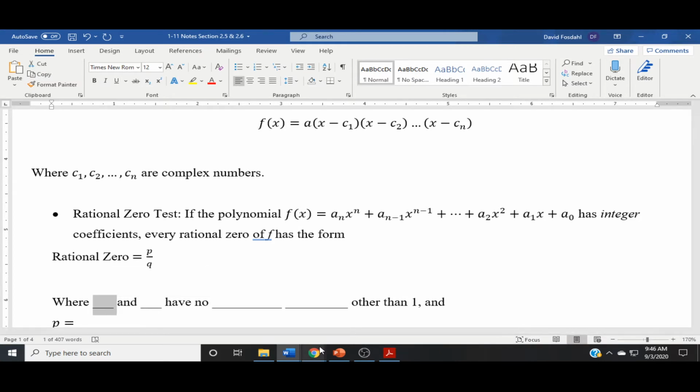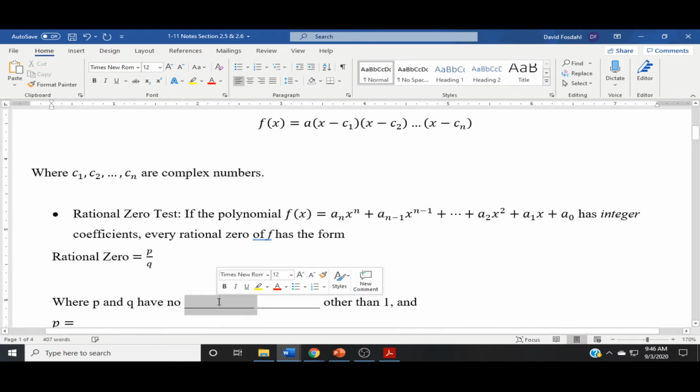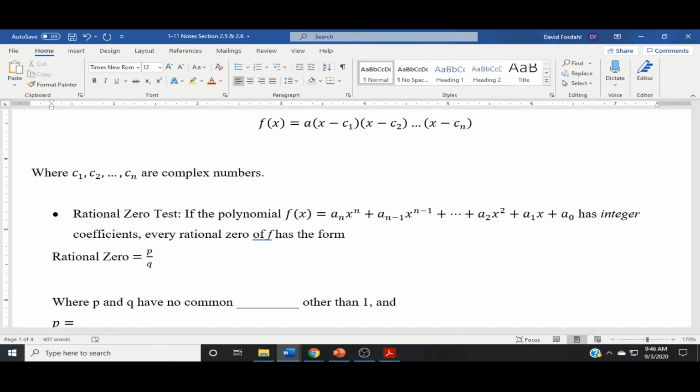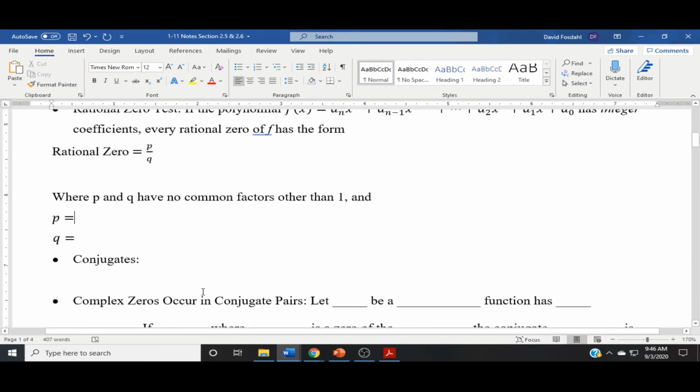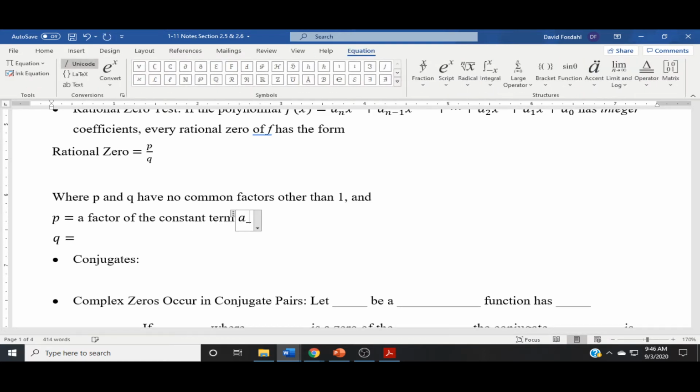Where p and q have no common factors other than 1. So they have to be two different things. And p is going to be a factor of the constant term a sub 0.